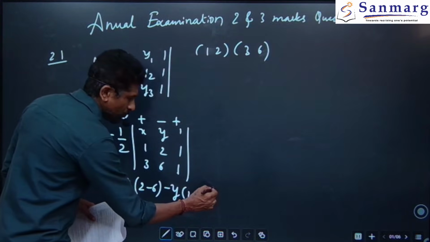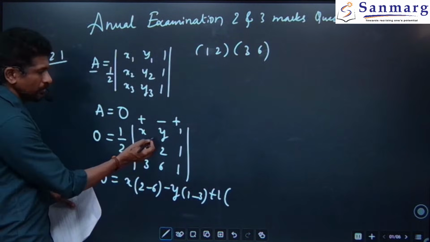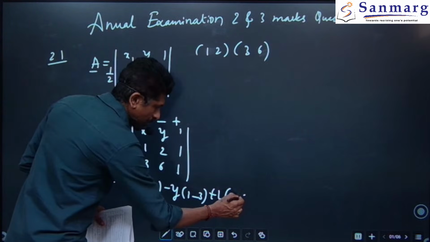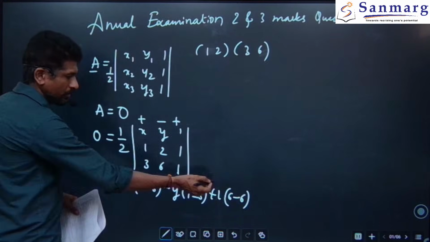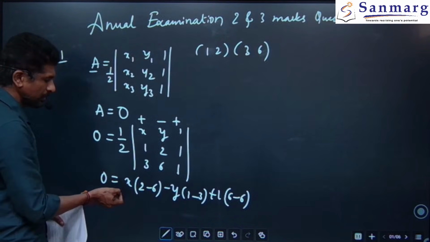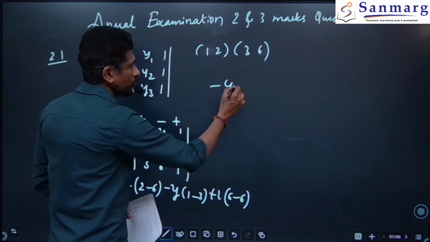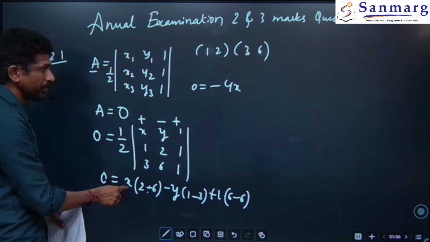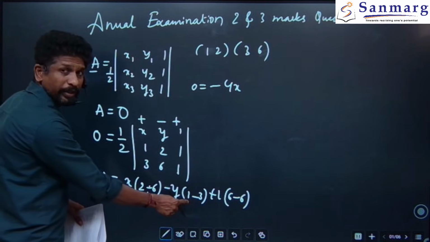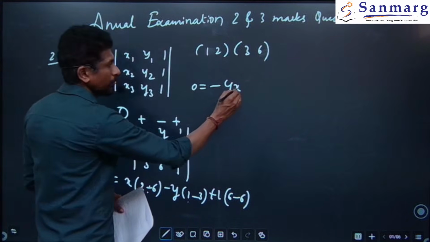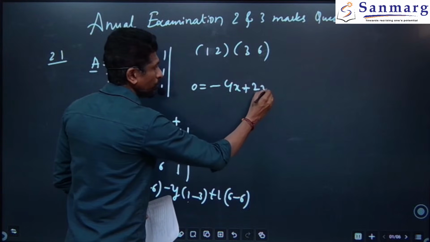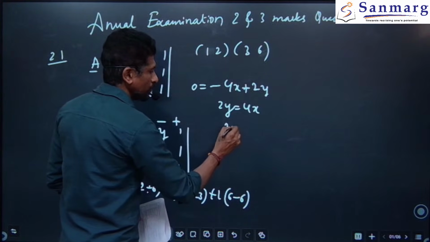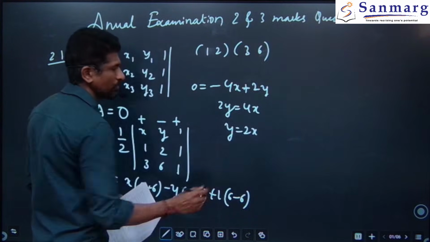Next, the last one is plus 1: eliminate the first row and third column, 1 6 are 6 and 3 2s are 6, so this becomes 0. So now minus 4x becomes what? 0 is equal to minus 4 into x is minus 4x, next minus 2 into minus y becomes plus 2y. So 2y becomes 4x, nothing but y is equal to 2x is the equation of the line.